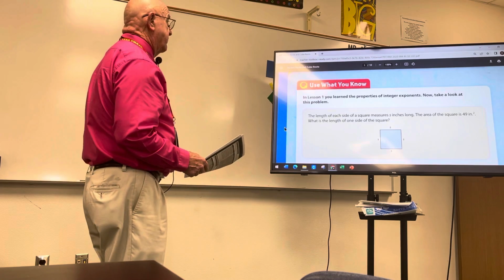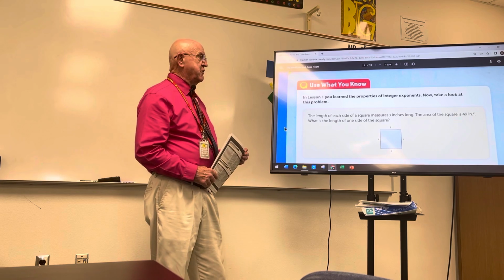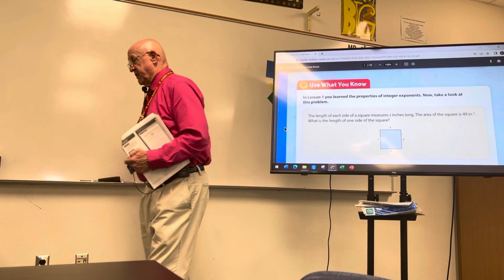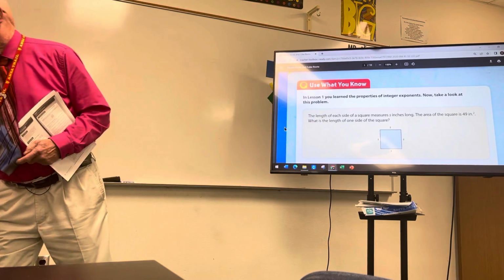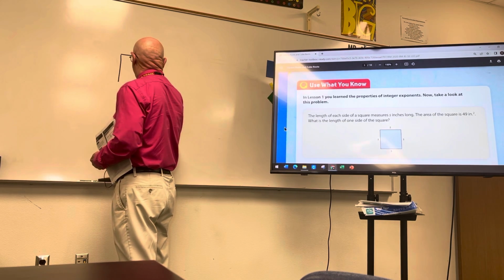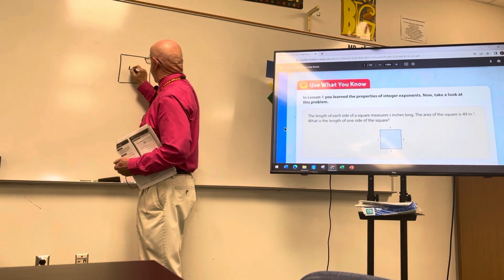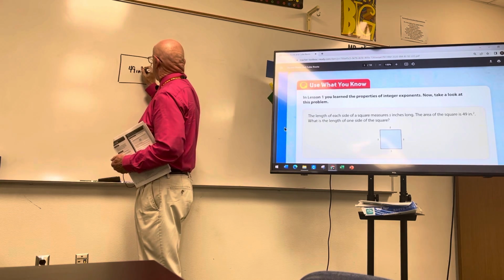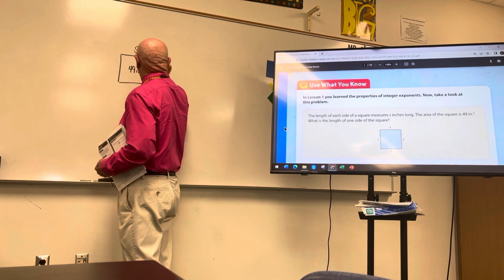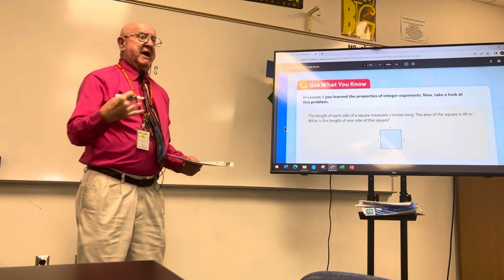So the length of each side of a square measures s inches long. The area of the square is 49 inches squared. What's the length of one side of the square? So what we're looking at is a square, and we know that on squares all the sides are the same length. This square is 49 inches squared. That's the area, and the sides are s inches long. So what we have to do is find out how long each side is.